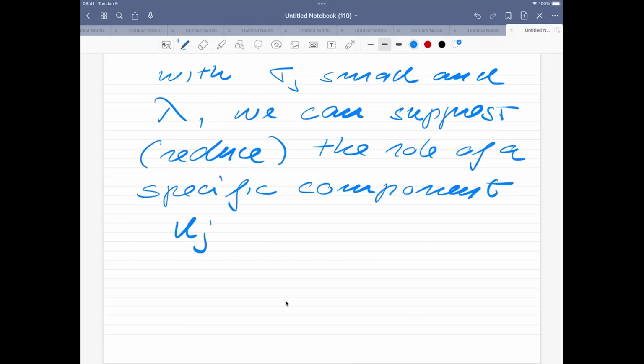So tuning this parameter lambda, as we will see next week in practical calculations, is a way to reduce the number of degrees of freedom. And this is used in many machine learning techniques. So this leads to a reduction of the degrees of freedom.